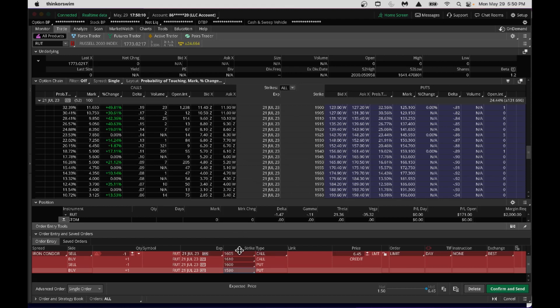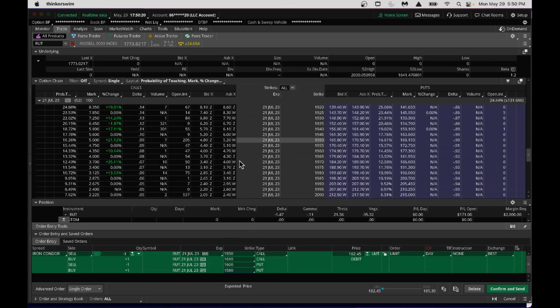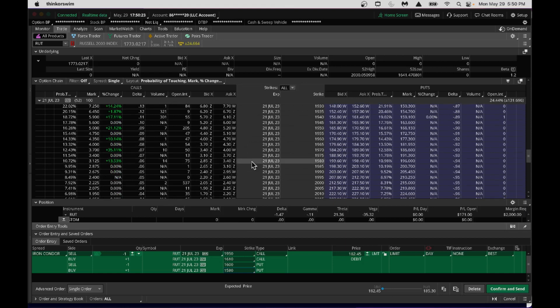I will go here to 1950 and sell my call option all the way at 1950. There we go, 1950. And we'll do the same thing. We'll go to 1970 here, a $20 wide spread, and that's got good open interest, which is good enough here. So 1970 is where I'm buying, buying my protection here, 1970.